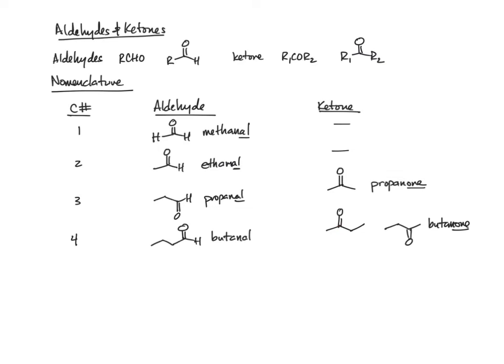So let's go up to 5, and we're going to see the actual difference now in the ketone. So 1, 2, 3, 4, 5. So pentanal, so Al, that tells us it's the aldehyde. So let's draw our 5 chain.